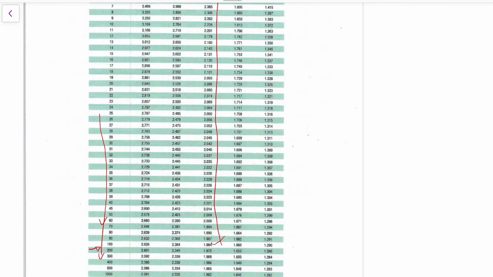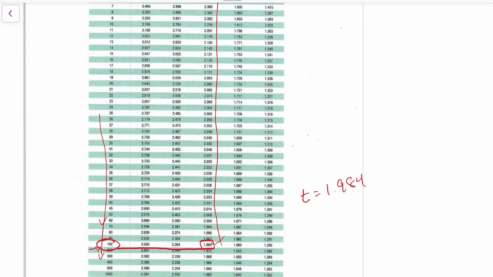What we'll do is look at the closest degrees of freedom we have on the chart to what our degree of freedom is, which is 100. If I look at the column and row of 100 and look at where they intersect, I see my t-score there to be 1.984.